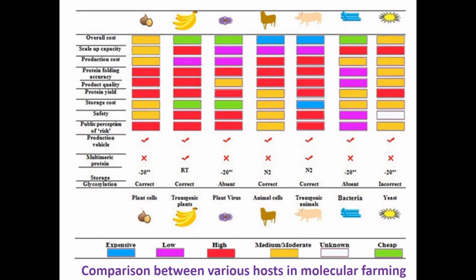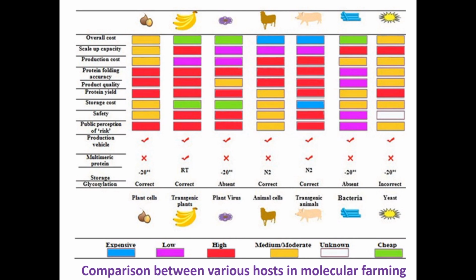The scale up capacity is very high, production cost is low, protein folding accuracy is good, product quality and protein yield are very high, and safety is very high. Again the only risk factor is public perception of risk, which is a drawback of the plant system itself, not particularly of the banana.